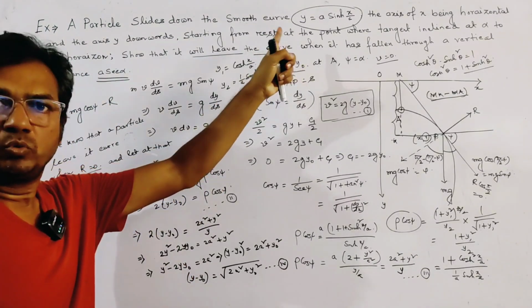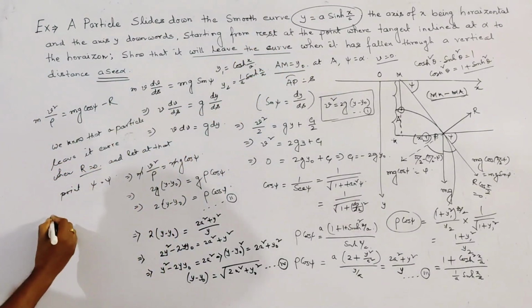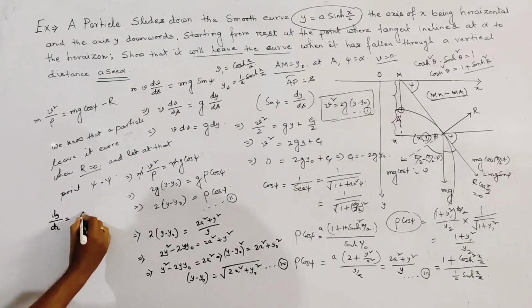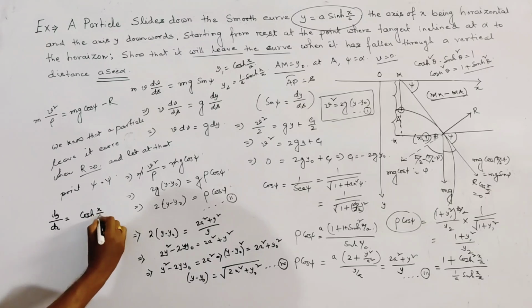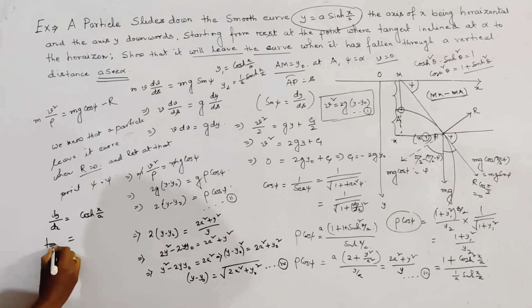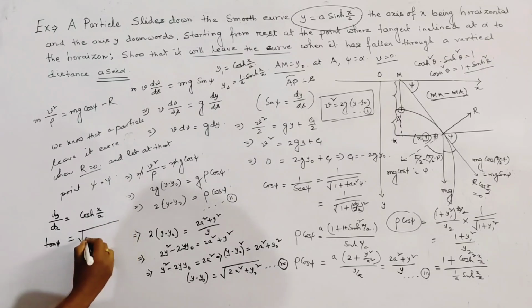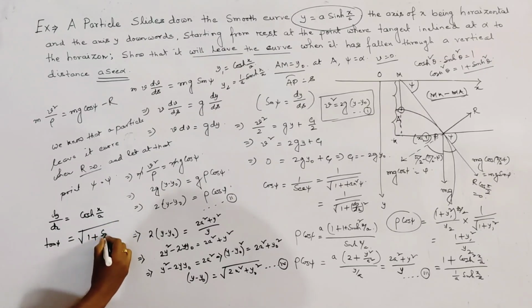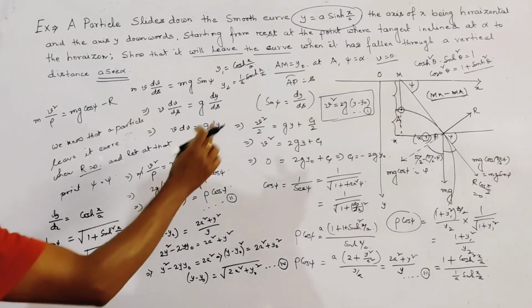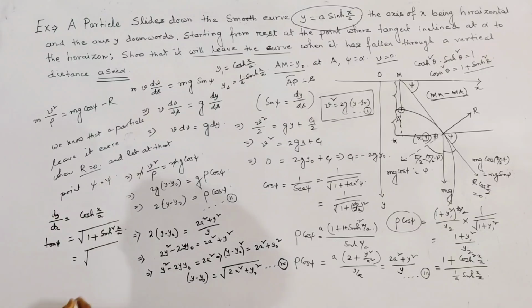From the given curve, we get the value of dy by dx, which is equal to sinh(x/a), and this is given by tan psi, equal to root under (y square by a square minus 1).